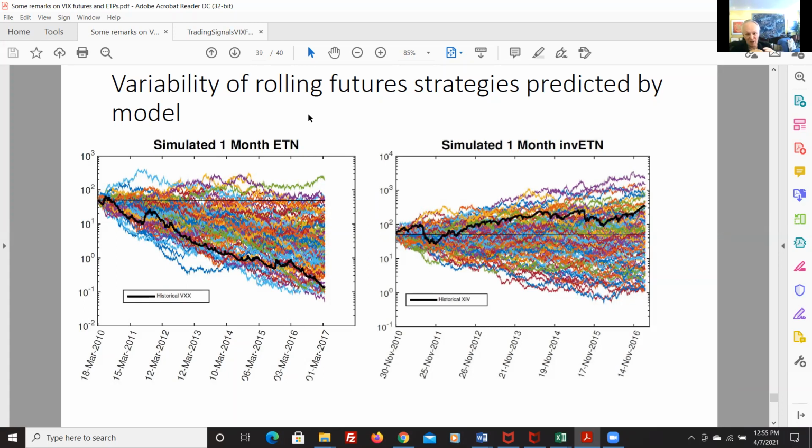At the same time, you have to therefore change. If you roll futures and nothing happens, and volatility goes down, then, sorry, if you roll the futures, then you lose by contango.